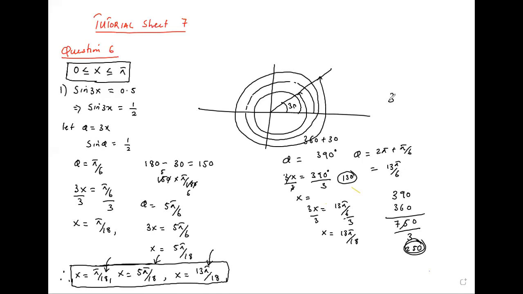So we're saying 390 multiplied by pi over 180. The first thing is that the zeros will cancel. 3 in 39 goes 13 times. 3 in 18, 6 times. That's how the 13 pi came about.